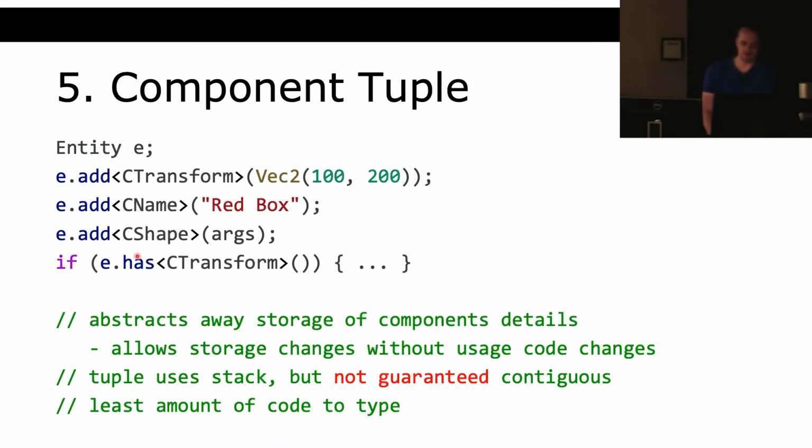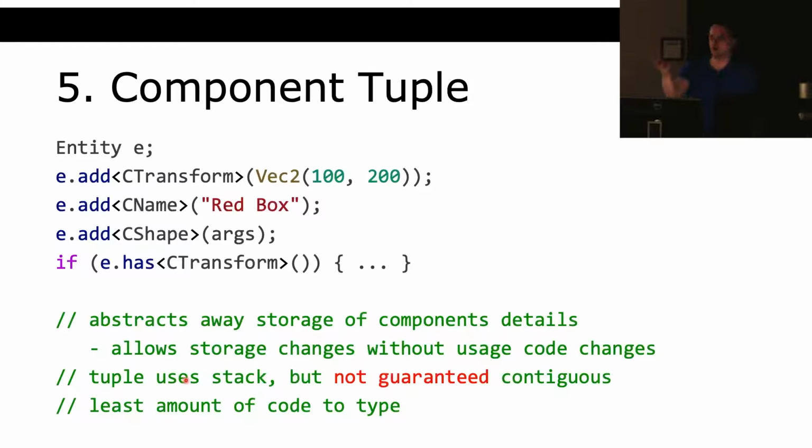So over here, this has the exact same usage syntax. See how cool that is? We've implemented a completely different way, but the code of how to use it is completely the same. That's really neat. Again, it abstracts away the component storage details. It allows storage changes without having code changes.